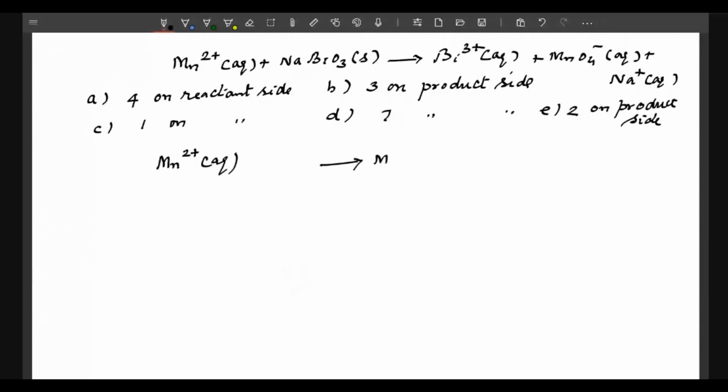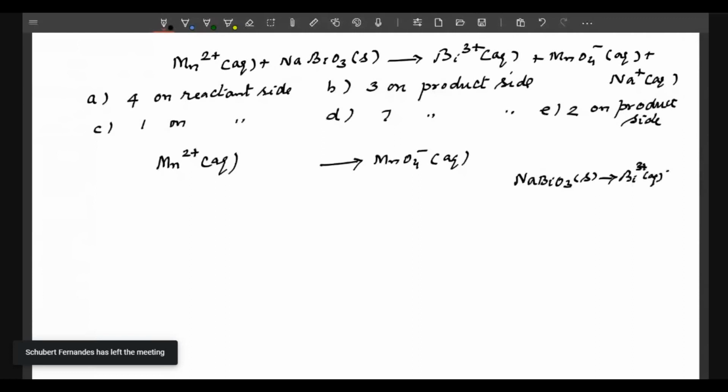MnO4. That is sufficient. This species is undergoing oxidation or reduction, whatever may be the case, we will see it. Similarly, the next one is sodium bismuthate, solid, giving bismuth 3 plus aqueous plus sodium aqueous.